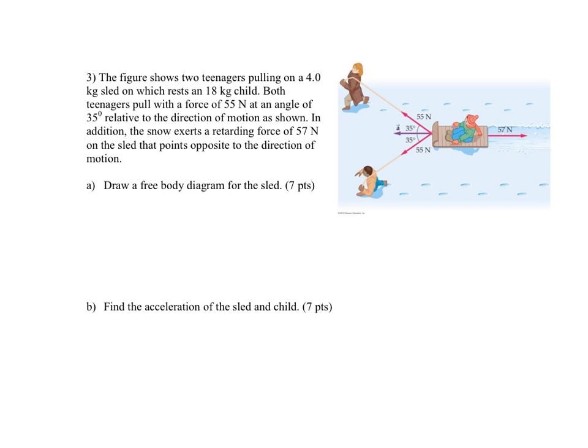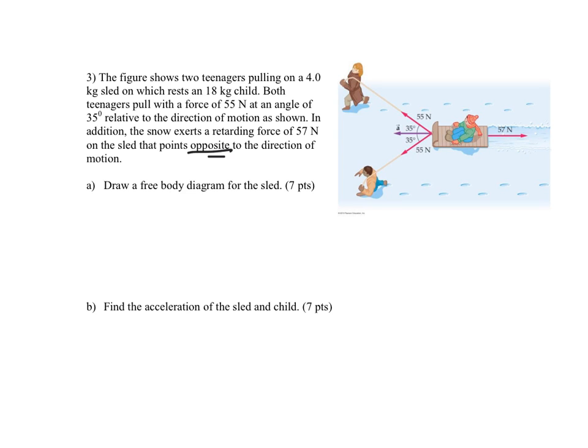Now, in addition, the snow exerts a retarding force of 57 newtons on the sled that points opposite to the direction of motion. Retarding means slowing down, and if it's slowing down, it will be opposite to the direction of motion. So telling you that it points opposite to the direction of motion is actually redundant, but it's just made to be sure that you are clear about the whole picture.